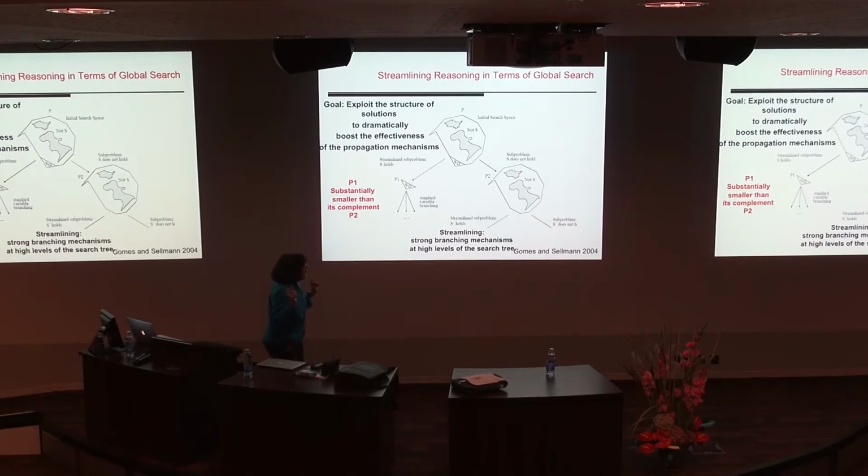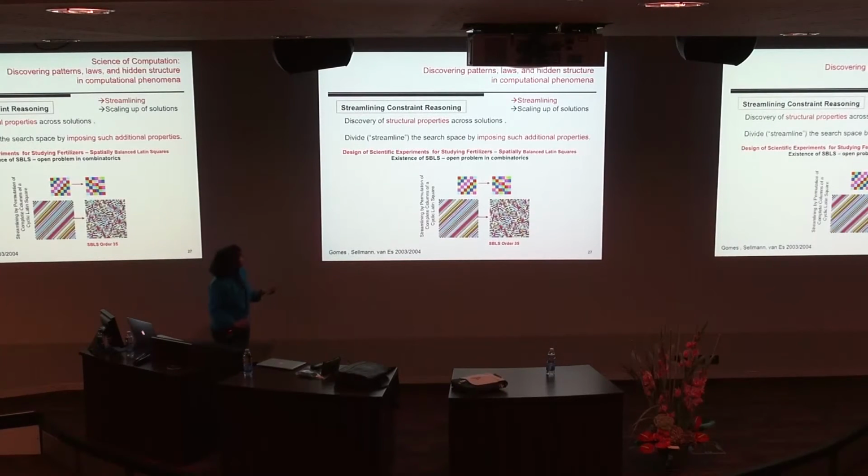But I'm a big believer that thinking of streamlining reasoning really helped us, and you will see what comes next. In fact, by doing this streamlined reasoning, we could actually go to order 35.